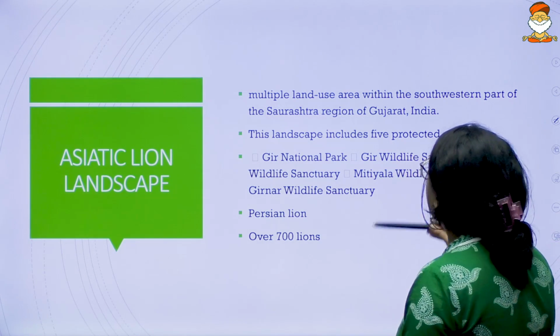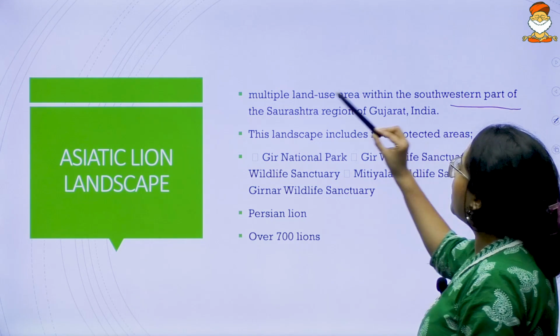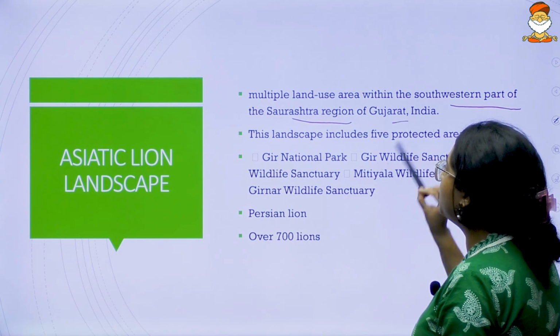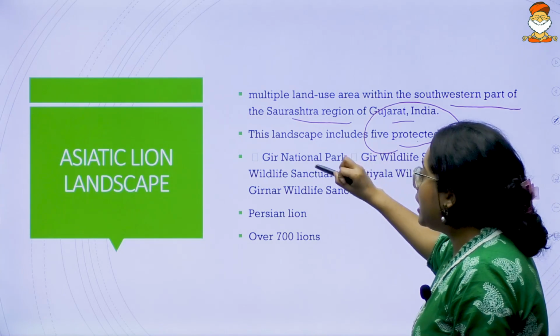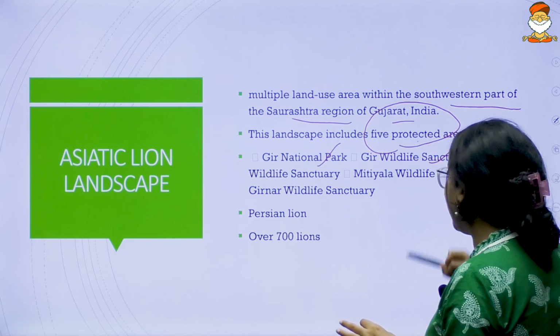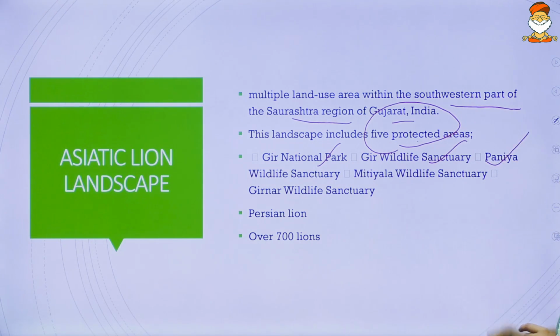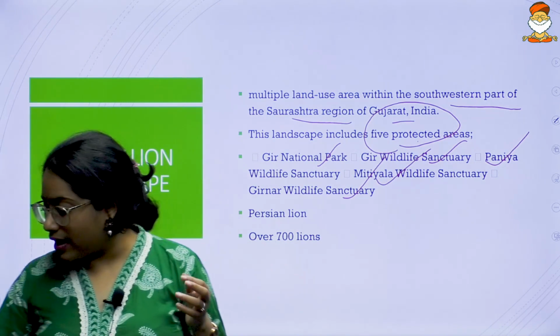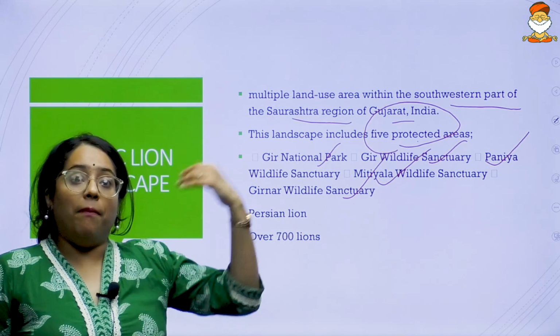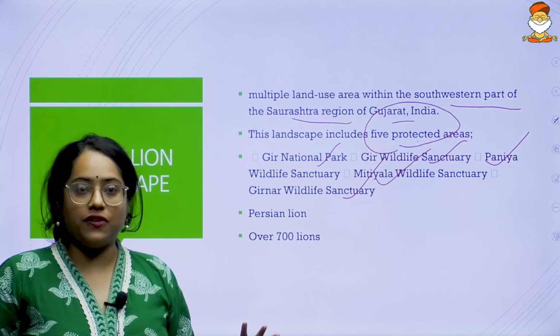These are land use areas within the southwestern part of the Saurashtra region of Gujarat. It includes 5 protected areas: Gir National Park, Gir Wildlife Sanctuary, Pania Wildlife Sanctuary, Mitiyala Wildlife Sanctuary and the Girnar Wildlife Sanctuary. All of these sites are in India itself. Unlike the Terai Arc landscape, it's not a multinational initiative.